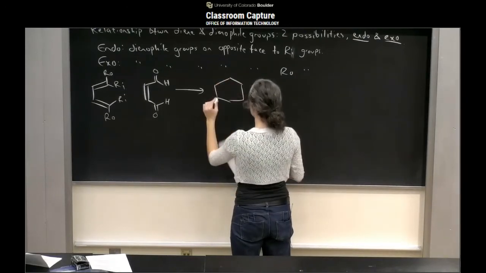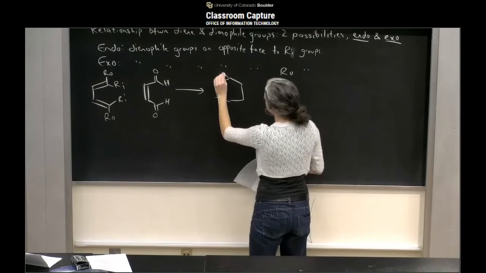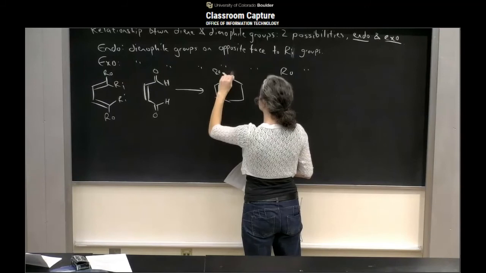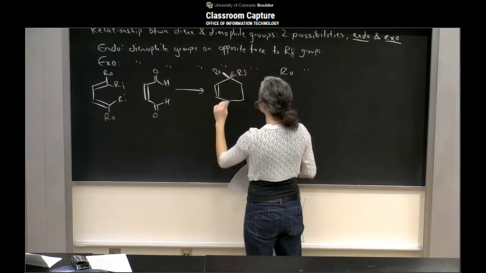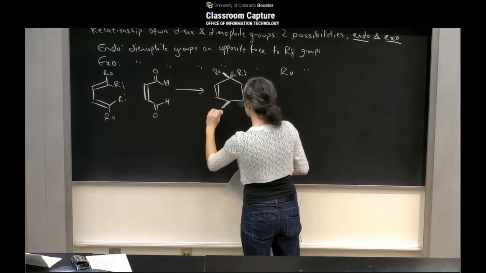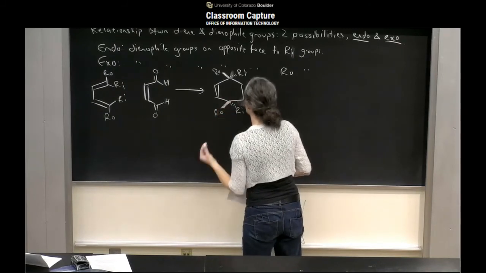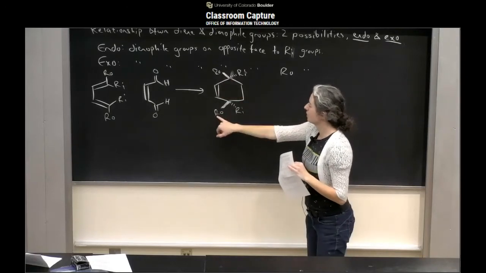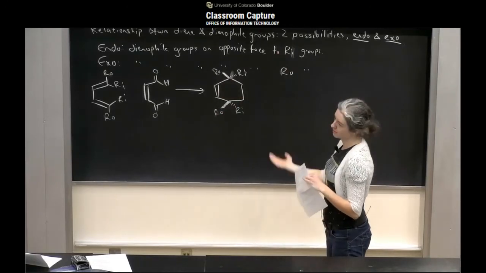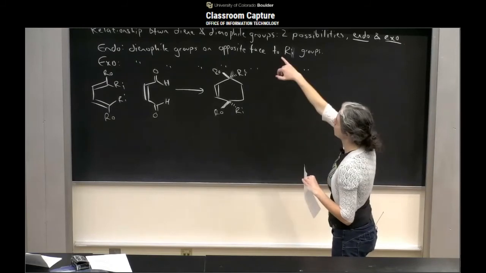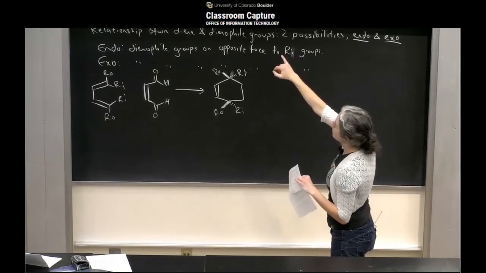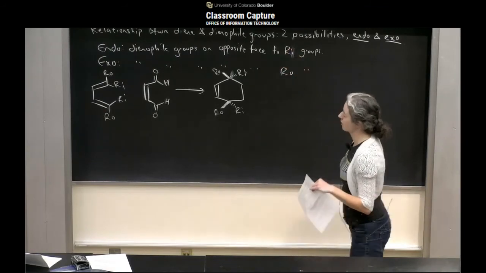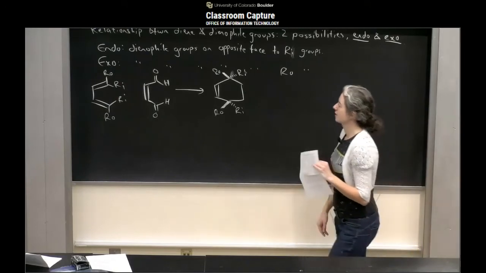One is make the six-membered ring here. We know that RO and RI here, RO, RI here. And by the way, I'm choosing to show RO as bold in all these examples, but it could just as easily have been the other way around, so long as the ROs always stay on the same face. So mentally you want to have a little racemic disclaimer next to every single product that I'm showing here in this section.